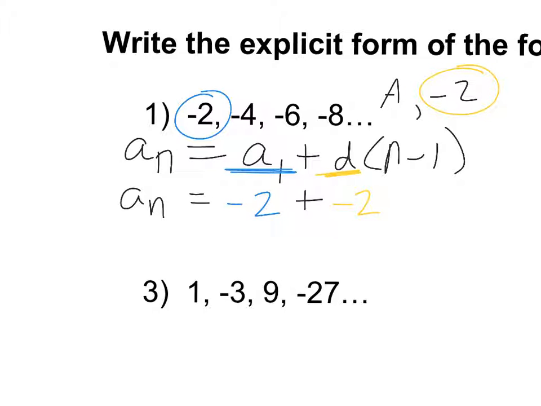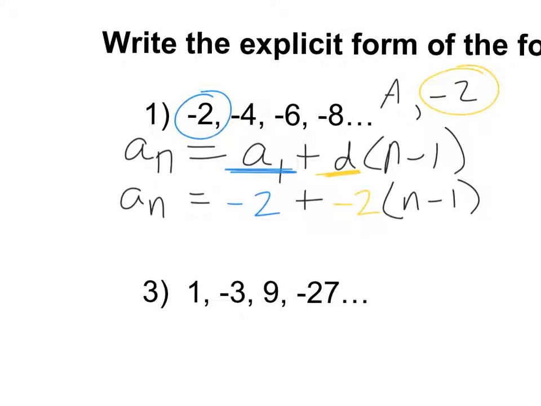So -2 times n minus 1. Really, the formula is the same over and over again. The only thing that you have to actually identify and sub in there is the first term in the sequence and the common difference. So that is all we need to do right there for the explicit formula.